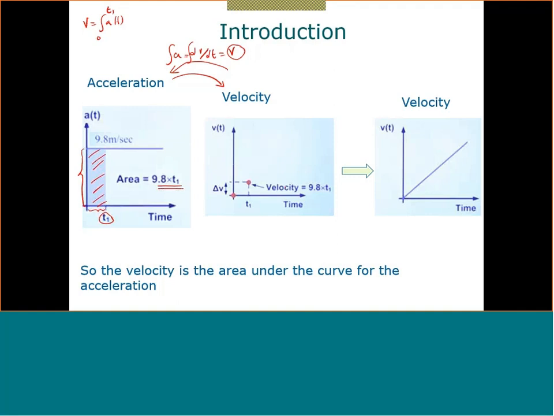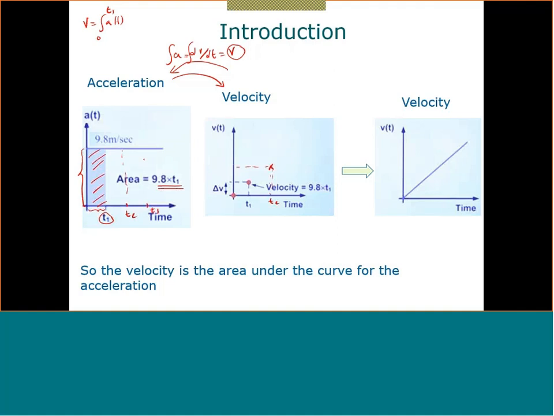Now, when you want to find the velocity, we take the integration. This will be a number. This is 9.8 t1. Then you go for t2, and you will find it will be 9.8 times t2, and you will find another point at t3.